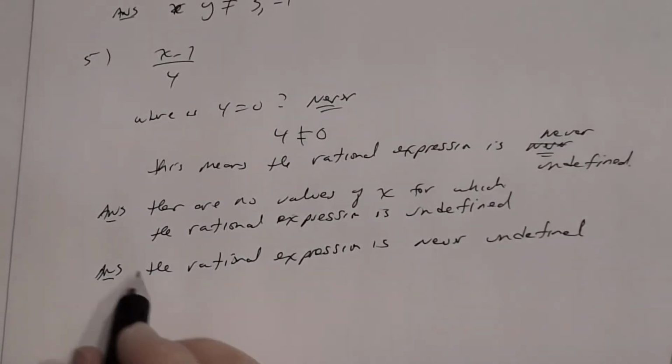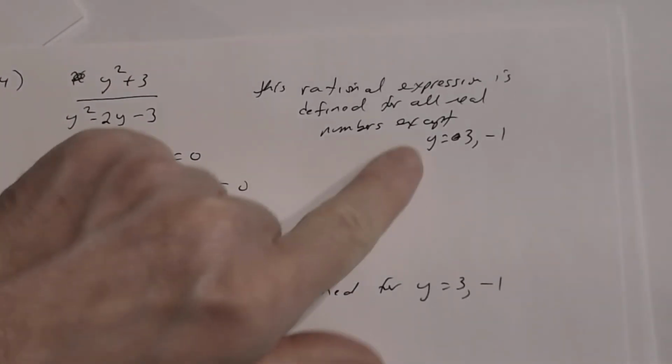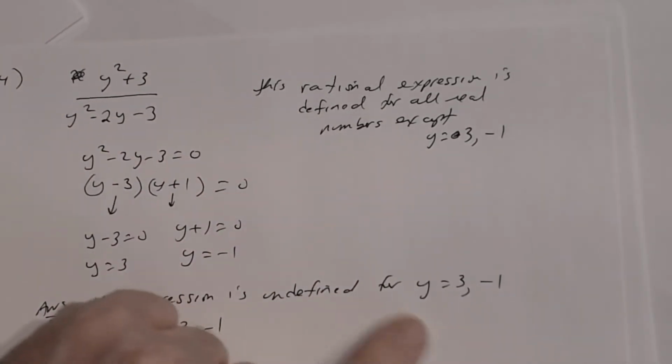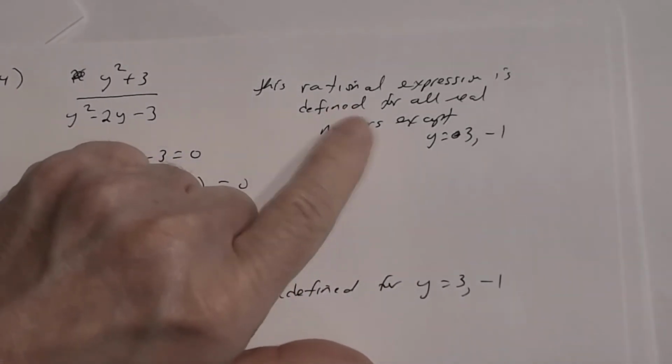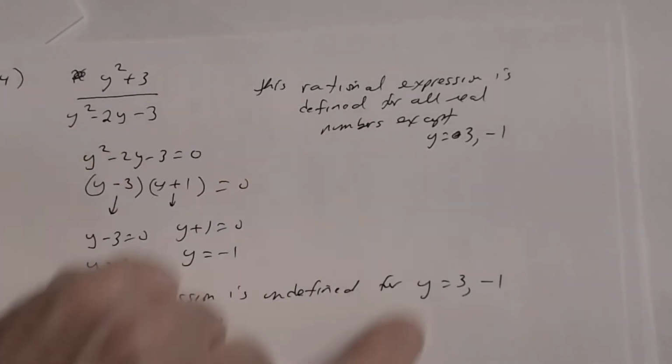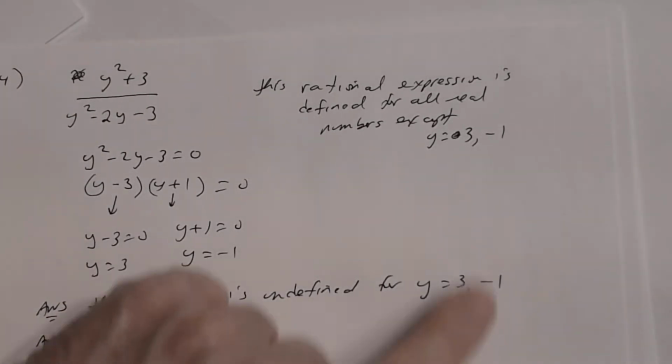And I want you to think about this. Remember in some of the problems we talked about what that means, what we found. So the rational expression is defined for all real numbers except, in this case, 3 and -1. So we can do the same thing here.